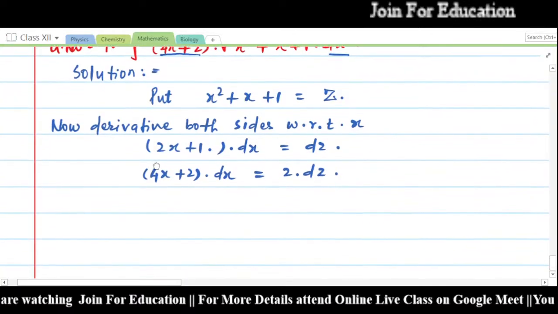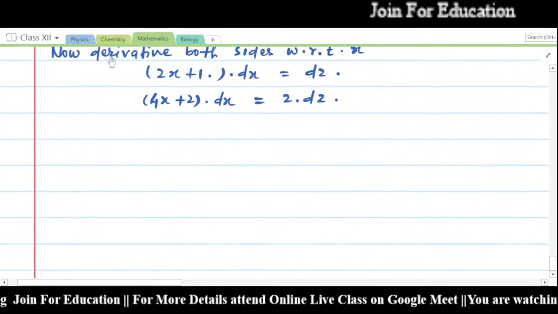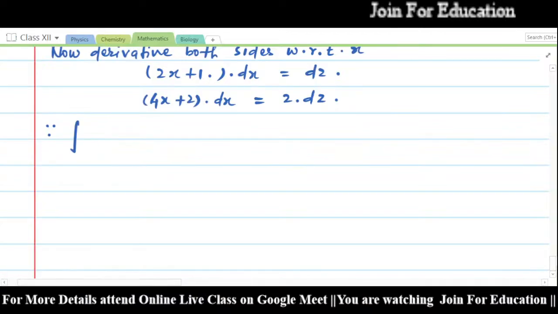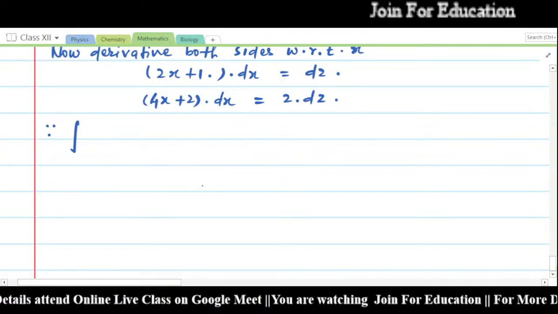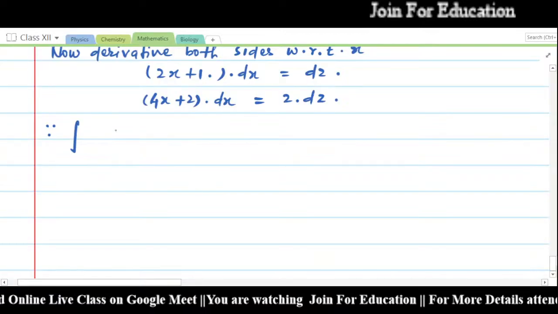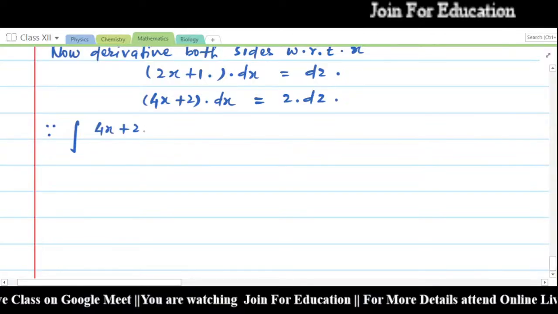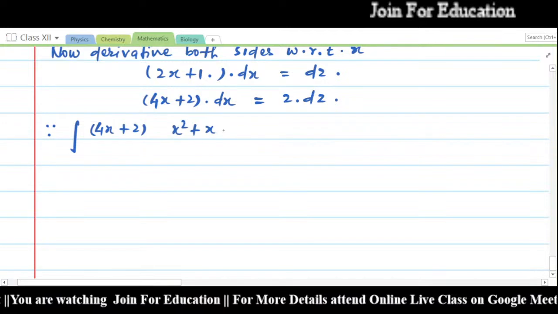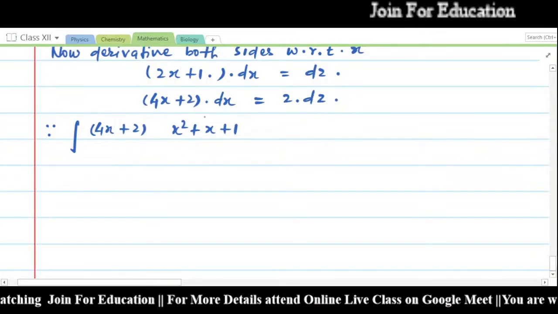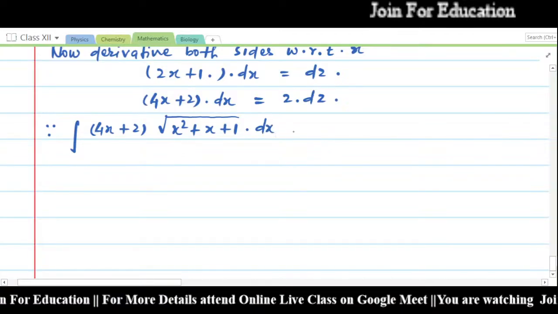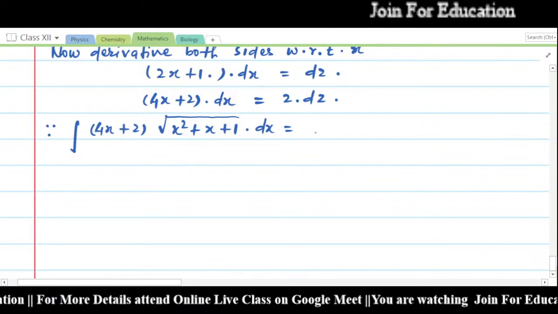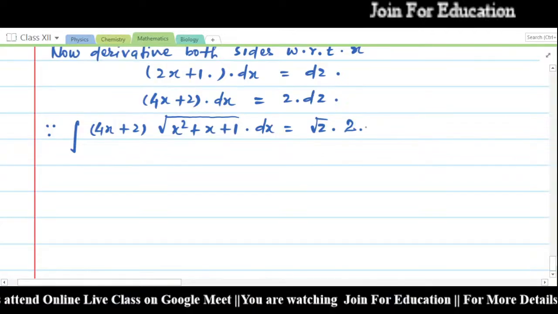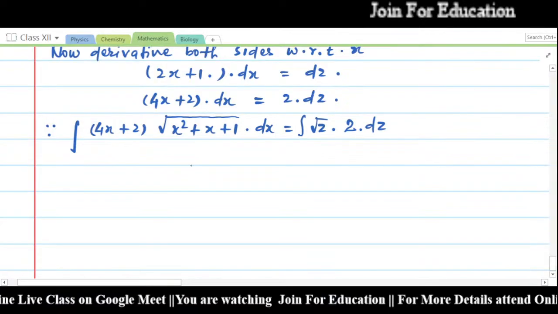So let's see here. We write down 4x plus 2 into the root of x square plus x plus 1, dx, equal to, we write down here under root z into 2 into dz, and we put the sign of integration.